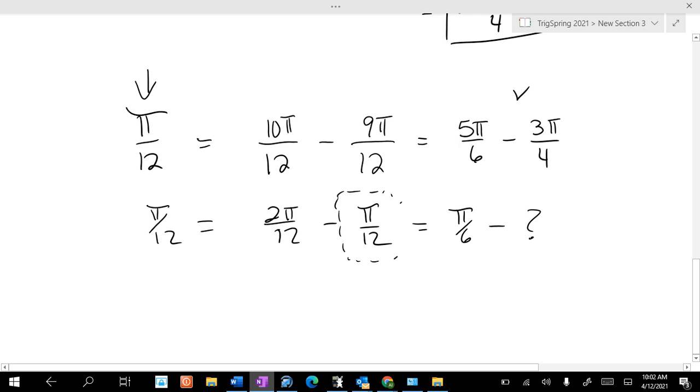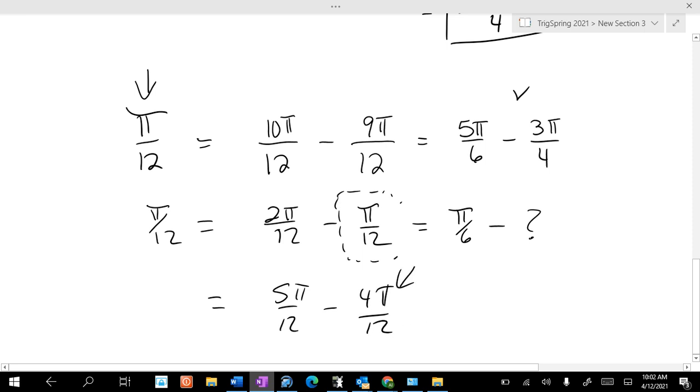These are numbers from the unit circle. We got to put numbers from the unit circle in its place. So when you're dealing with this today, and we're dealing with radians, you got to use numbers from your unit circle. So you got to be able to think, okay, would this be on the unit circle? Yes, it is. Would this be on the unit circle? No, it's not. So it's like 5 pi over 12 minus 4 pi over 12. Now, 4 pi over 12 is on the unit circle.